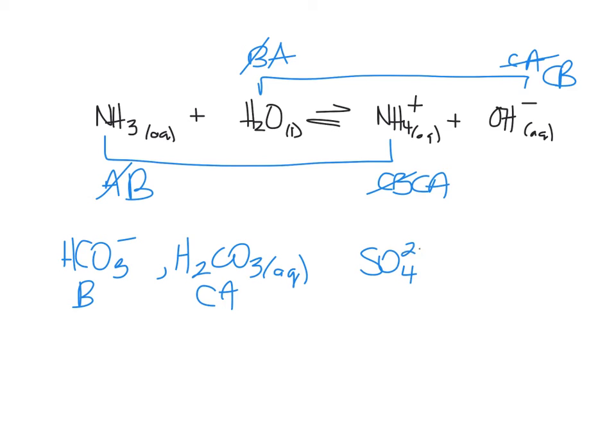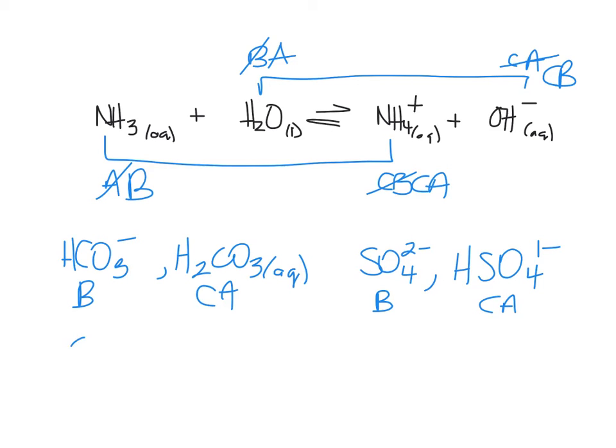HSO4, and what's the charge? 1 minus. I have two negative charges, I add a positive charge, so it is only 1 negative. So there's my base and its conjugate acid.